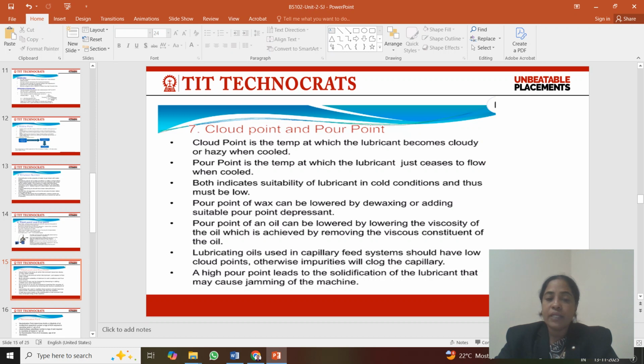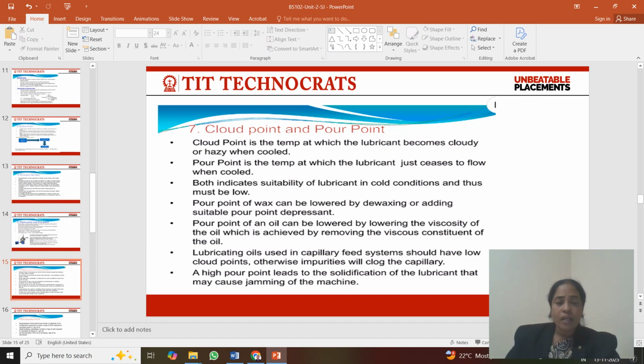So for a good lubricating oil, the cloud and pour point must be low, because if the oil contains a high cloud point and high pour point, that type of oil can cause jamming of the machine in the cold season, or between the machinery parts of slow speed machines, where the jamming occurs in the presence of winter seasons.